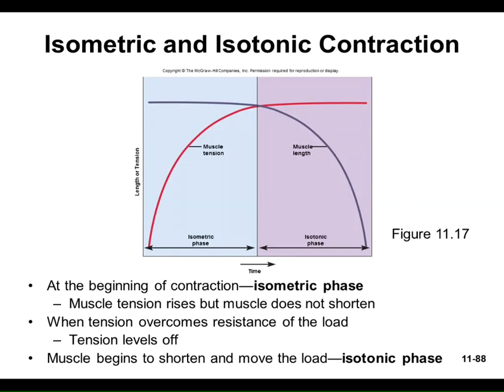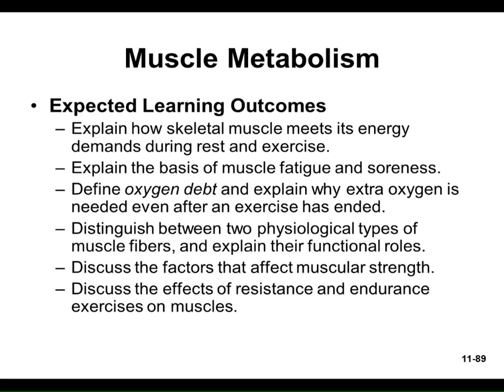But at some point, I'm going to overcome that weight, and I'm going to start changing my muscle's length, and now I'm moving into an isotonic situation. So look at that graph. It makes sense, that inverse relationship of these two types of contraction.